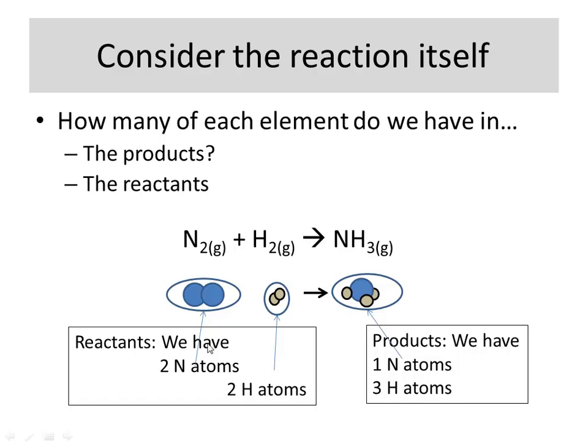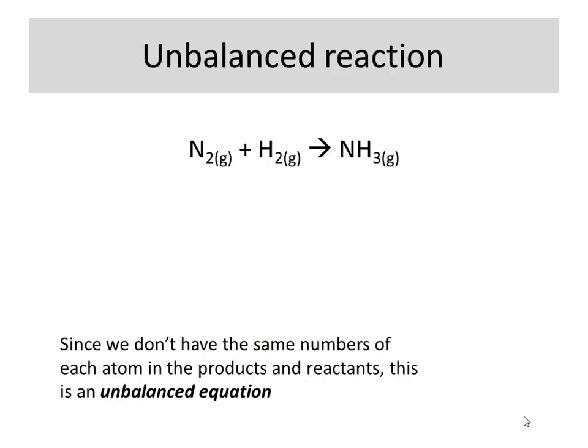So we have different numbers of atoms in the reactants as we do in the products. This is an example of an unbalanced chemical equation. If we don't have the same numbers of each atom in the products and the reactants, it's unbalanced.